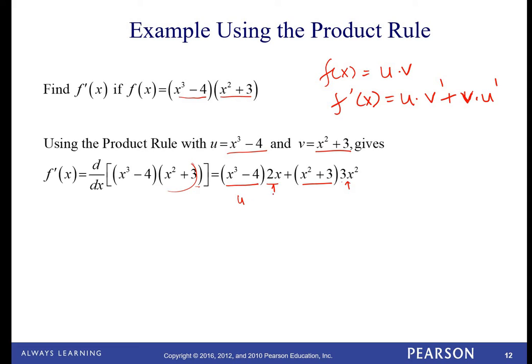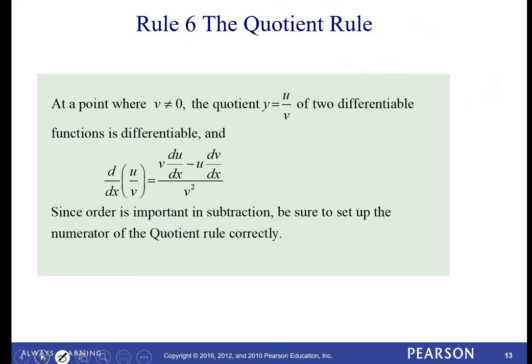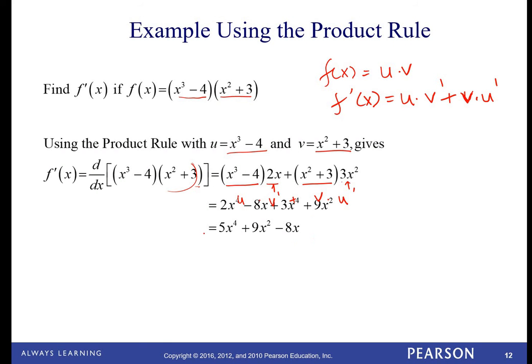So this is u times v prime plus v times u prime. We're going to continue by distributing and then simplifying. So this expression is our f prime of x.